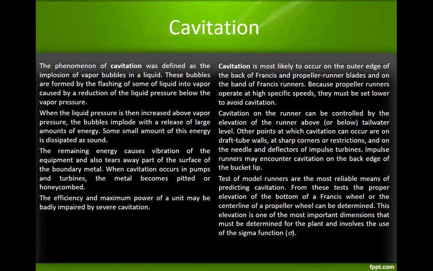Tests of model runners are the most reliable means of detecting cavitation. From this test, the proper elevation of the bottom of the Francis wheel or center line of the Francis wheel can be determined. This elevation is one of the most important determinations that must be made for the plant, and that will involve the use of the sigma function.